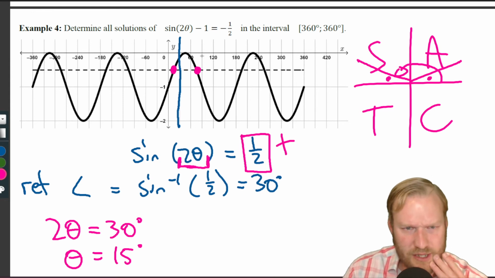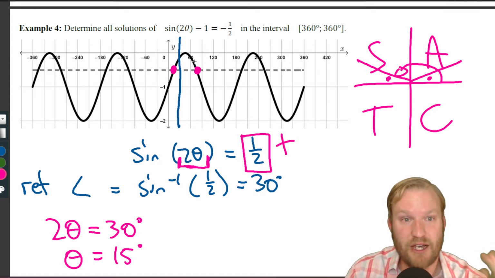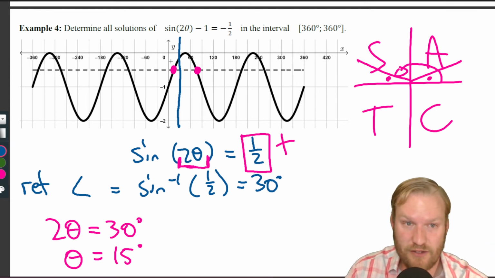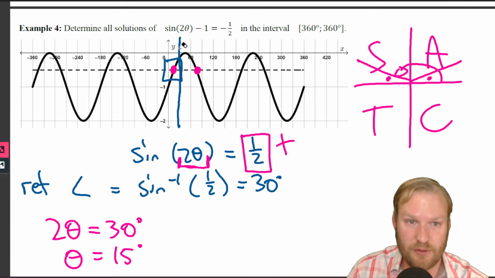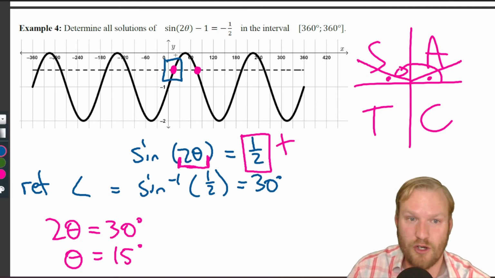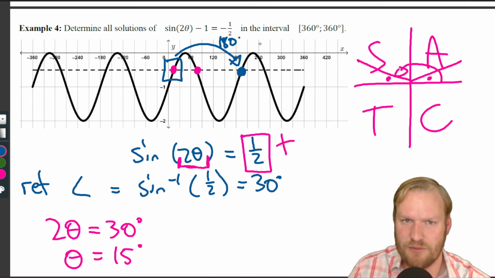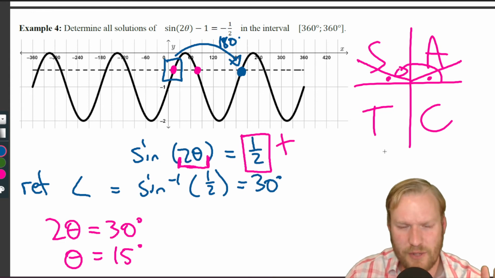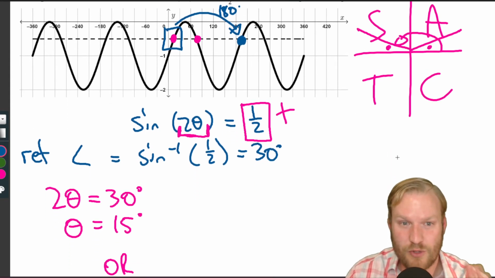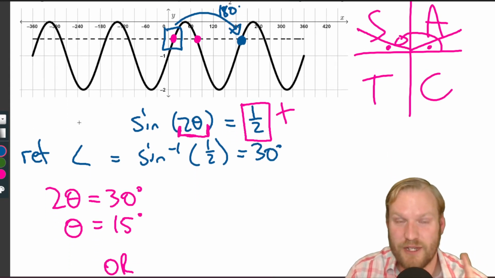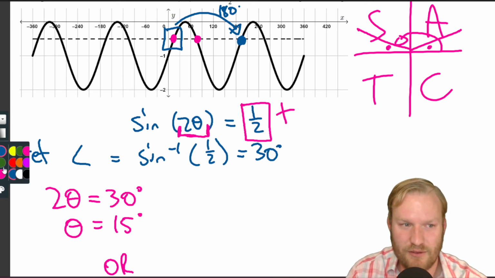Now, earlier we said that this was going to repeat every 180 degrees. To get from our first solution to our next repeat of that, we needed to add 180 degrees. But we don't actually have to think about that too much. What we can think is that the sine graph repeats itself every 360.